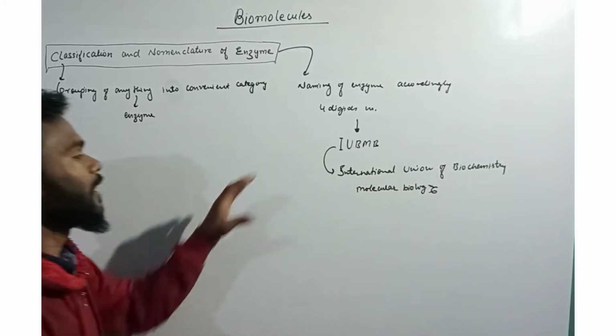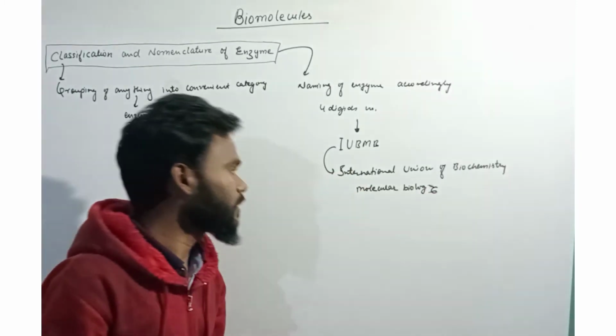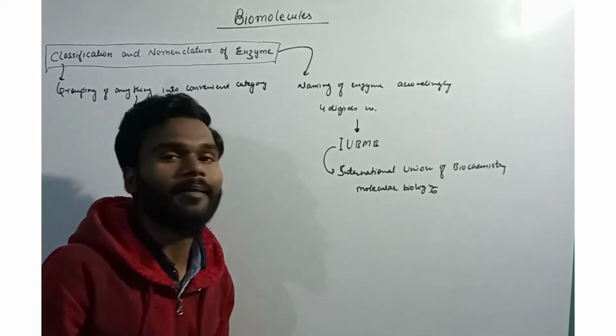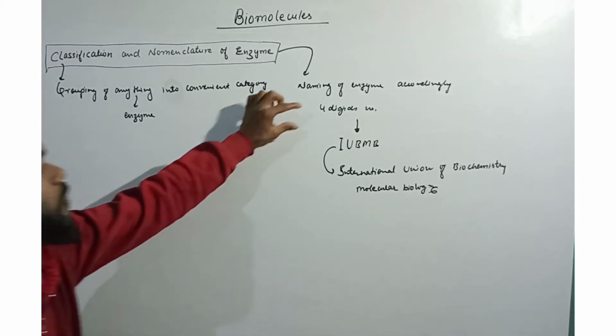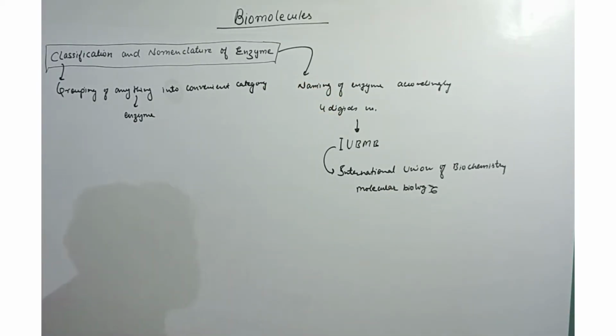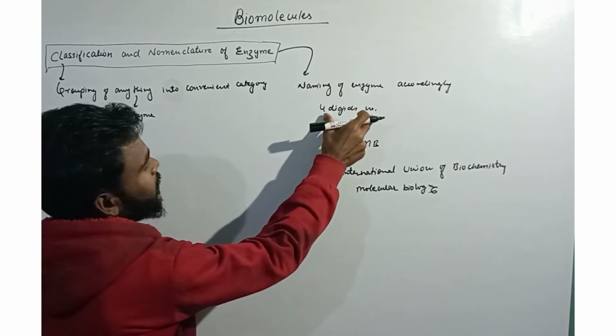So it is the International Union of Biochemistry and Molecular Biology. The enzyme names are given on the basis of this 4 digit number.